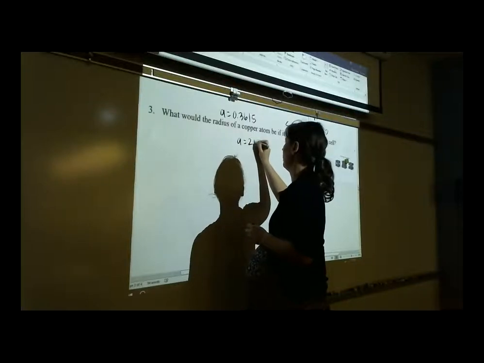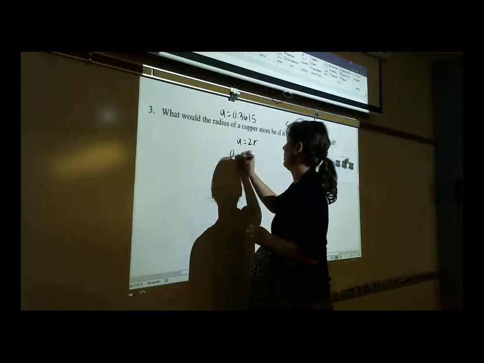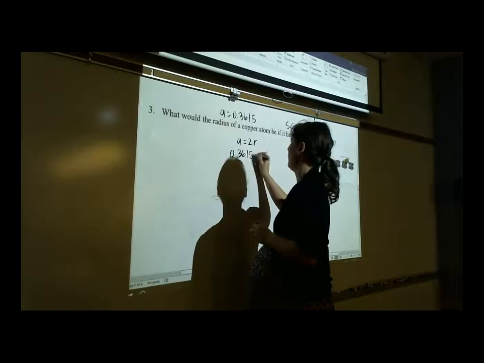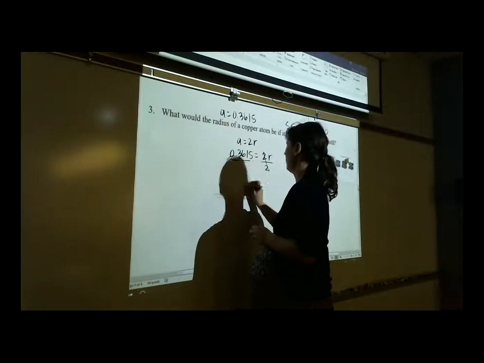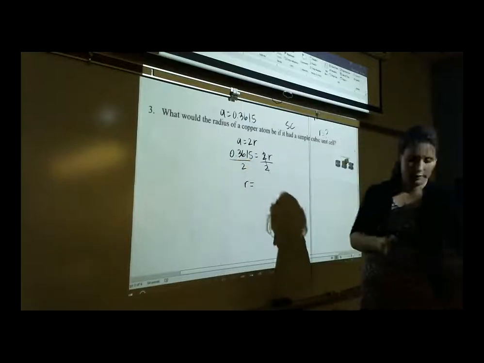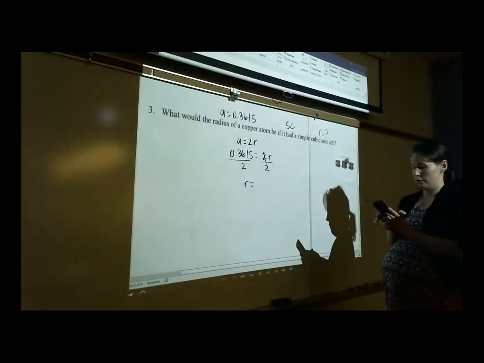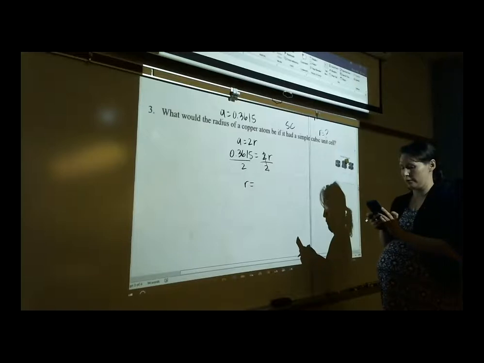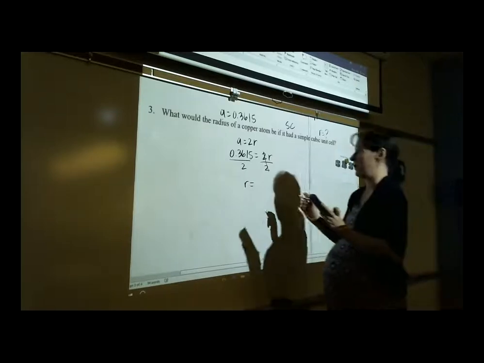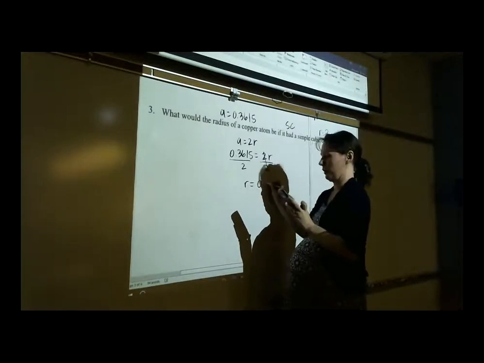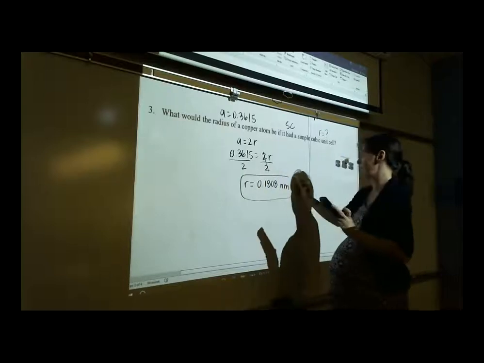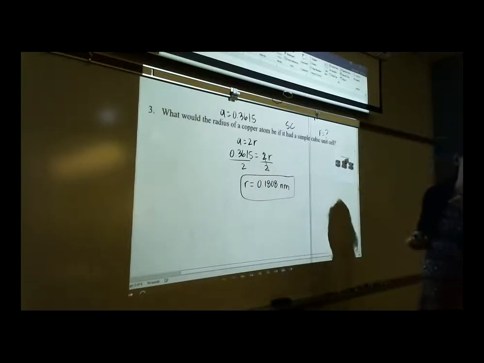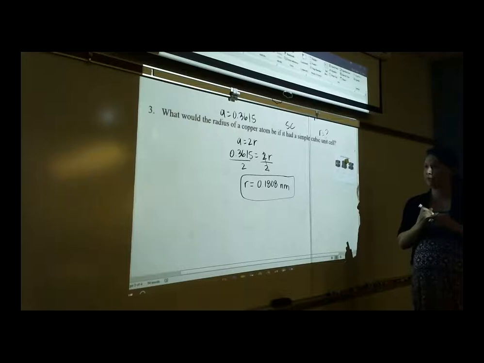A equals 2R, right? So 0.3615 is equal to 2R. So dividing by 2, 0.3615 divided by 2, 4 sig figs still, 0.1808 nanometers. Do we agree on number 3? How to get that one?